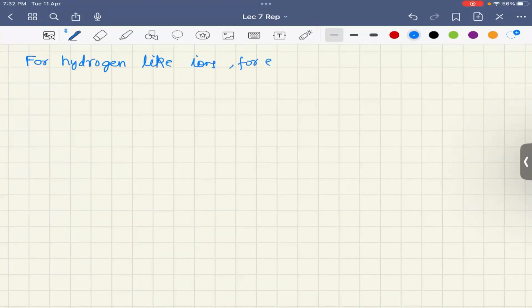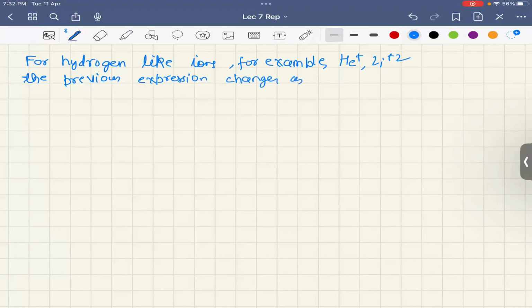For example, He plus or Li plus 2, the above expression changes as follows.